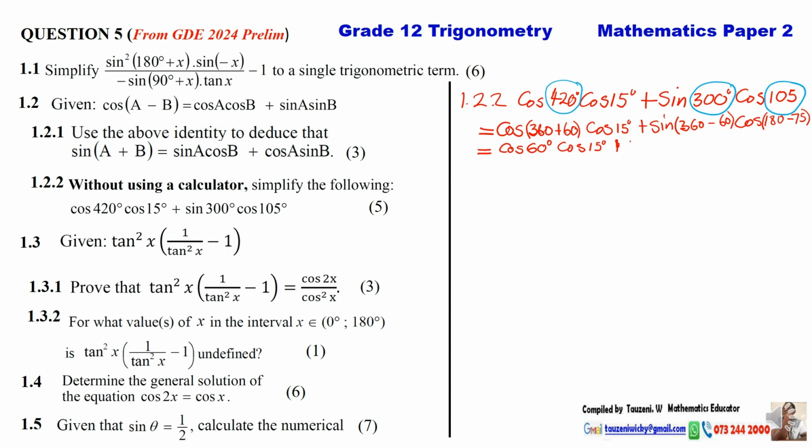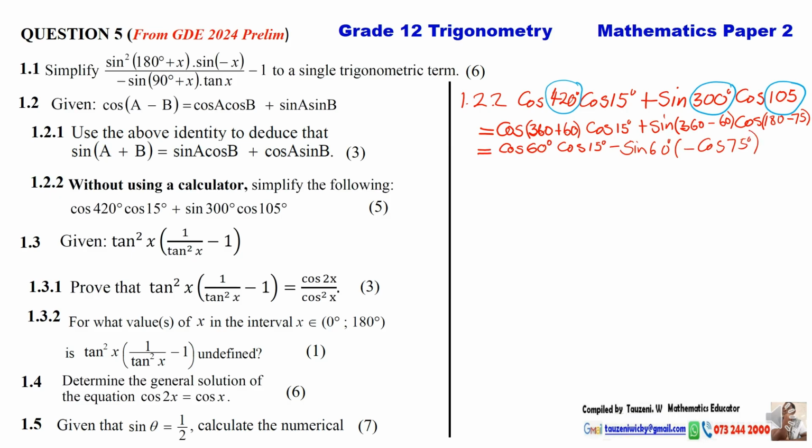There is nothing much so far that I'm doing except application of the reduction formulas. So I have a negative of the sine of 60 degrees. Then the last one, which is the cos of 180 minus 75, is the same as a negative of the cos of 75 degrees.